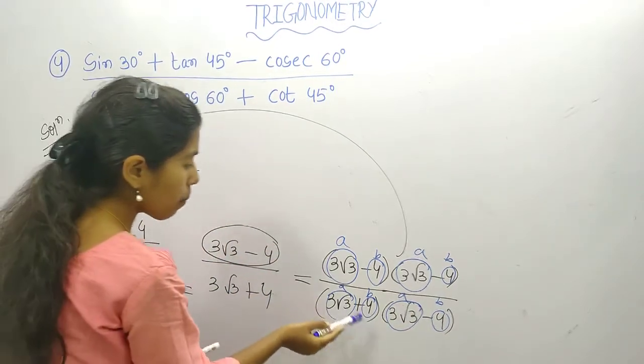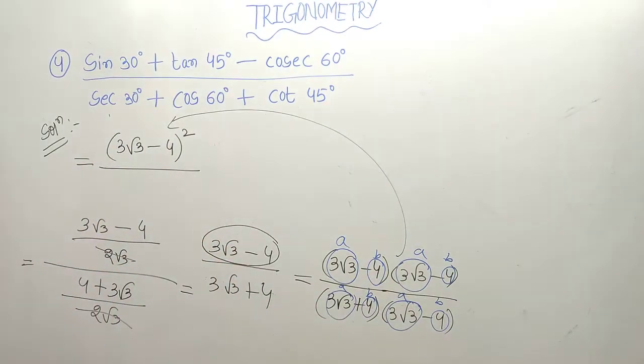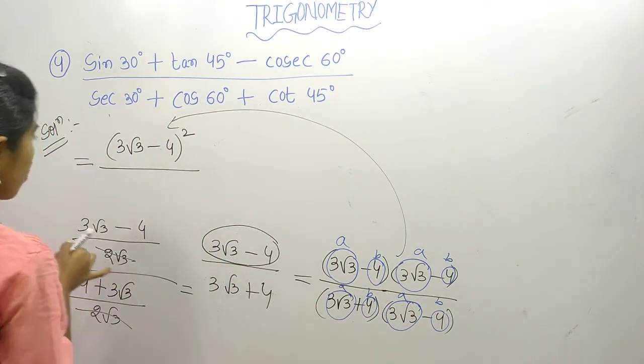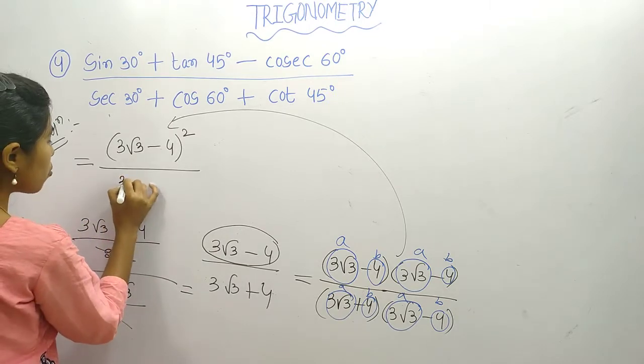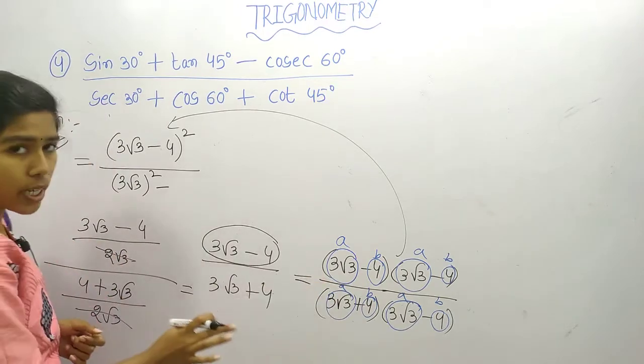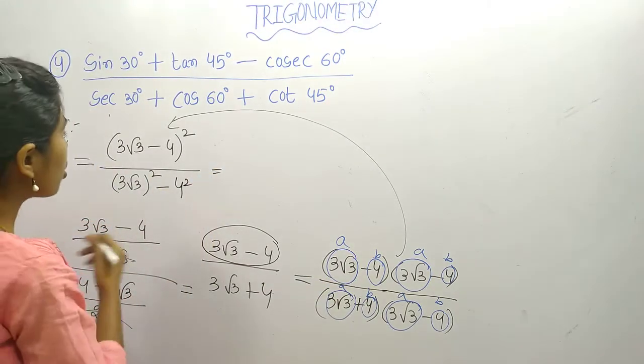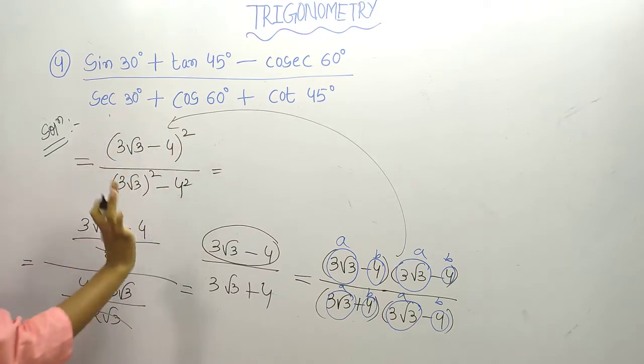So A plus B into A minus B. The formula is A square minus B square. A means 3 root 3 square, minus B square, means 4 is B, so 4 square. So here you see A minus B whole square.